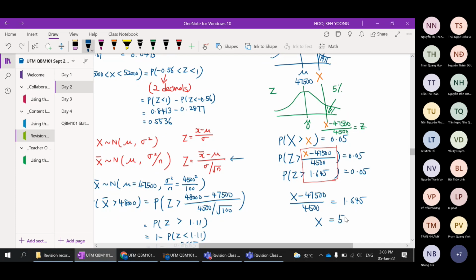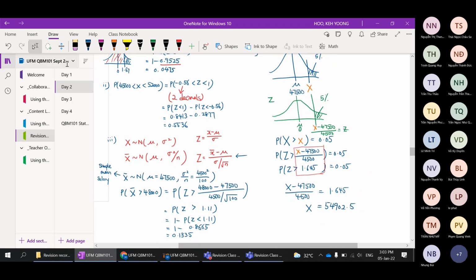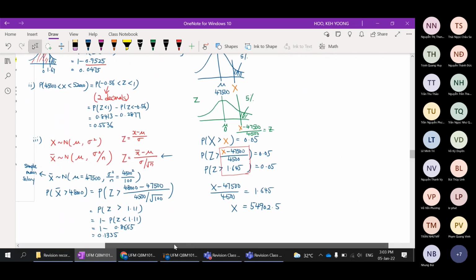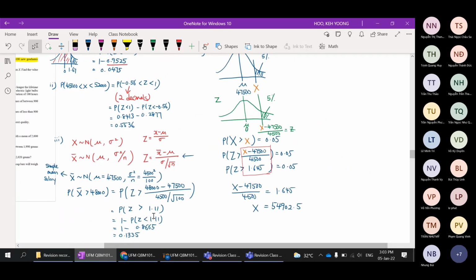So you get 54,902.5. Any questions? So the minimum salary for these top 5% graduates is 54,902.5 dollars.